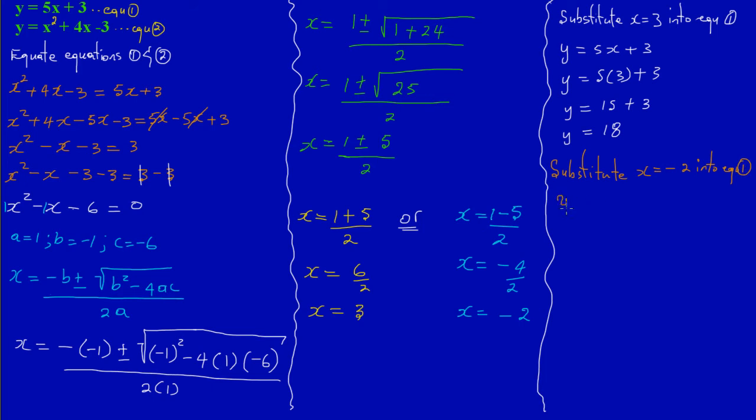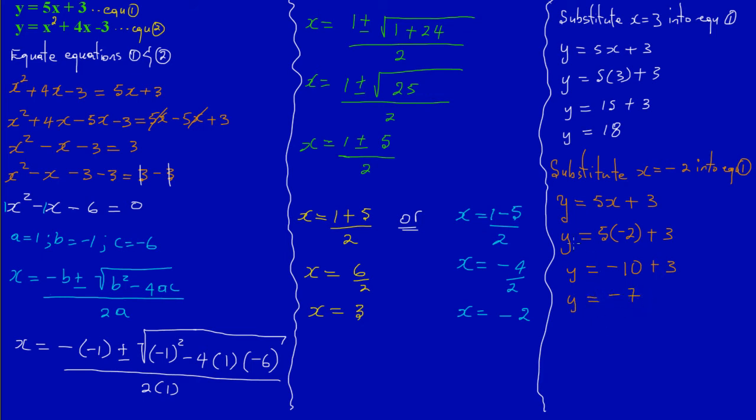So equation 1 states again that y is equal to 5x plus 3. So y is equal to 5 times negative 2 plus 3. Hence, y is equal to negative 10 plus 3, since a positive times a negative will give us a negative. So therefore, y is equal to negative 7.